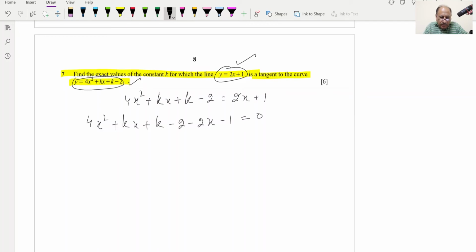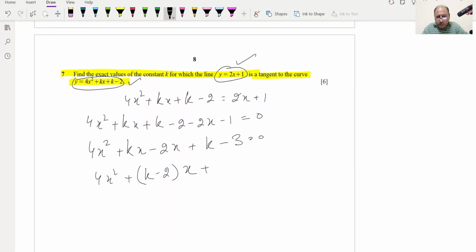Now adding like terms: 4x squared as it is, plus kx minus 2x, and plus k, and minus 2 minus 1 will be minus 3, is equal to 0. Now from these two terms we can take x common, so it will be 4x squared plus (k minus 2) into x, plus (k minus 3) is equal to 0.